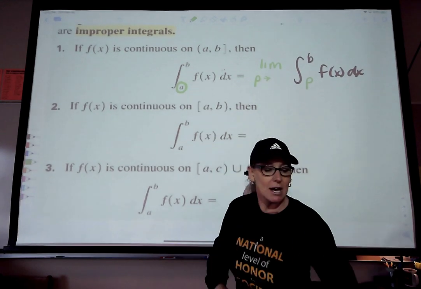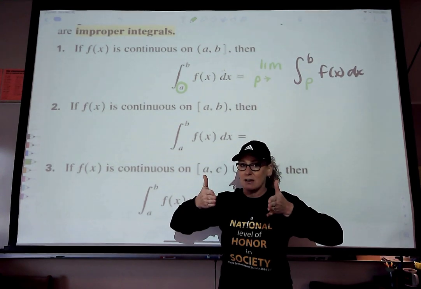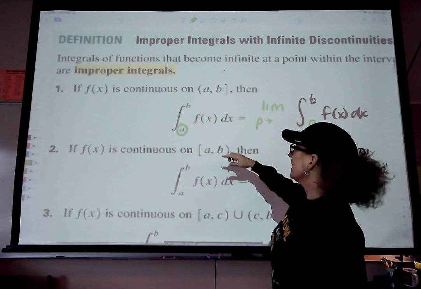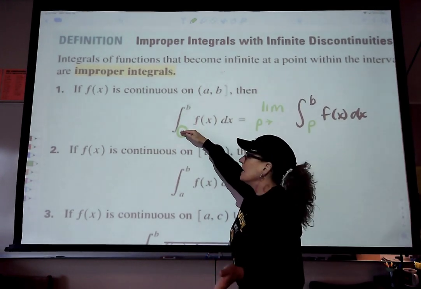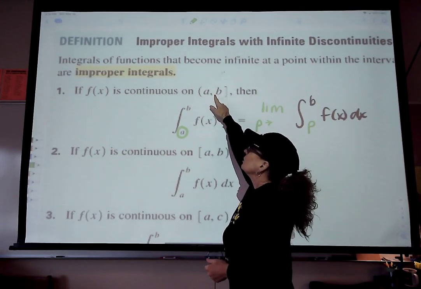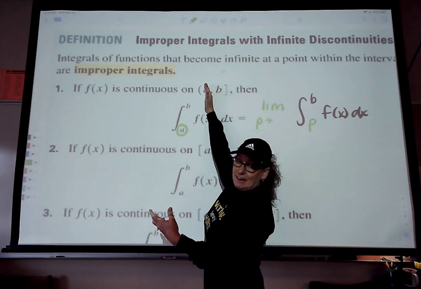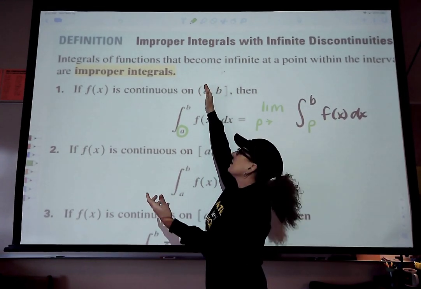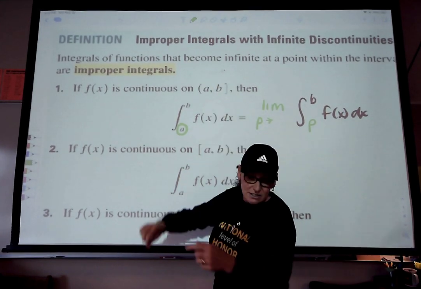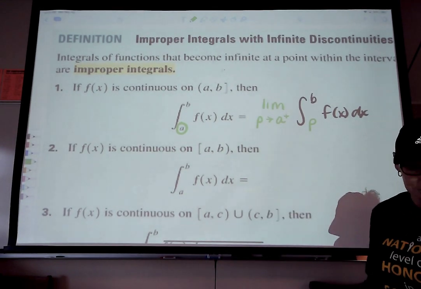Keep in mind, we're not doing a limit from both sides of A, because this integral started at A, not including A, and increases to B. So what we want to do in our limit is back up to A, not including the A. So how do I say that I'm approaching A but only from this side of it? I'm going to do as P approaches A from the upper side.